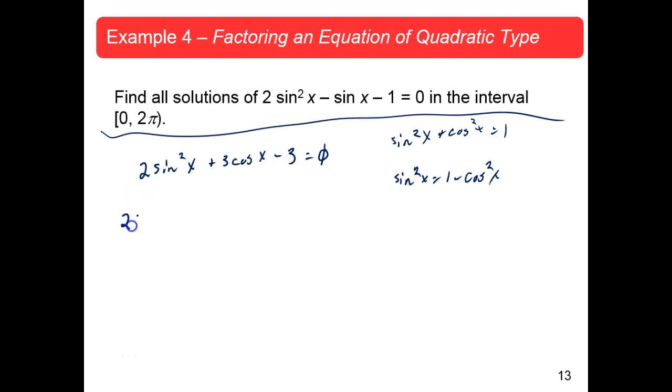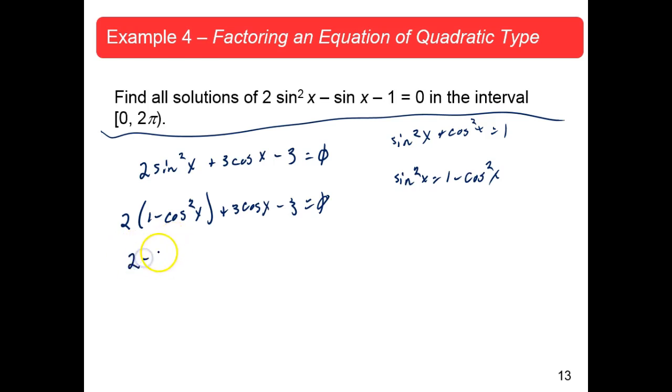So this will be 2 times 1 minus cosine squared x plus 3 cosine x minus 3 equals 0. Okay. Tends to make it look a little more complicated, but at least you got rid of the odd trig function. So what does this give you?